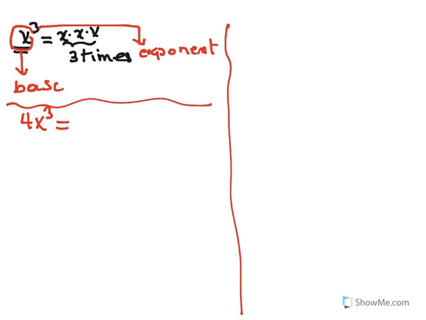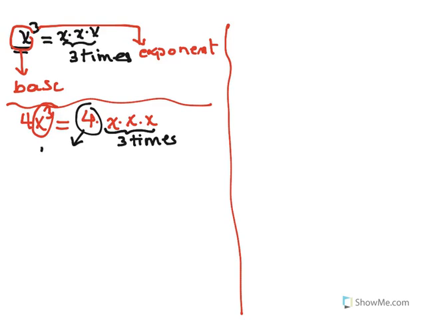Well, I have x to the third, which is x times x times x, and then I have a 4. So please note that the x is repeated 3 times, but the 4 is not.